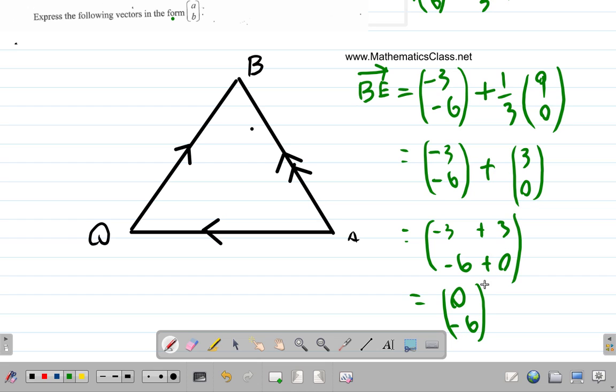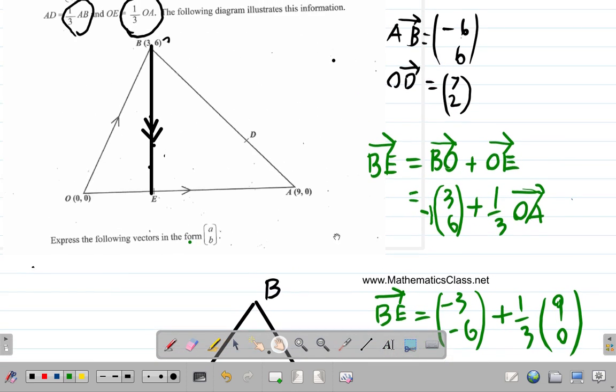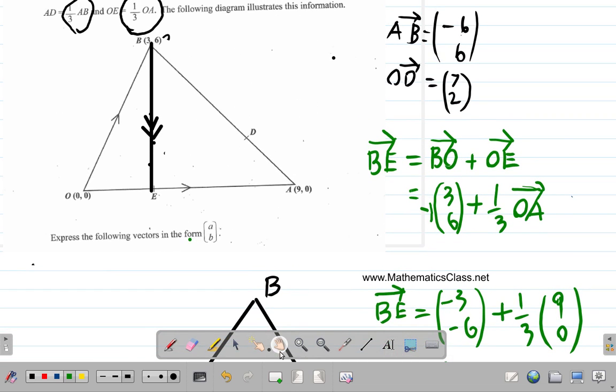What this is suggesting is that BE, to go from B to E, you neither shift left nor right along X, but you go 6 units down along Y. You don't move left nor right, but vertically. You move straight down 6 units. You can see it here.